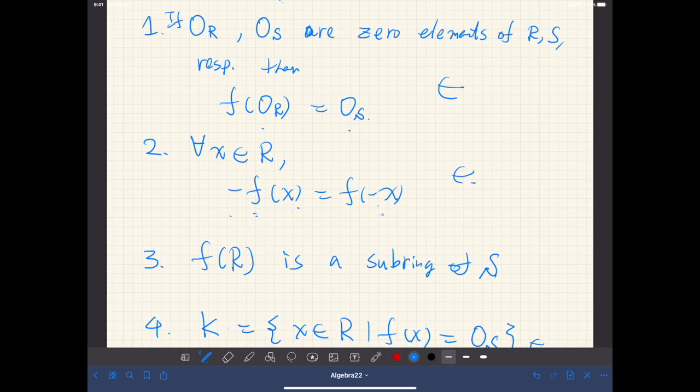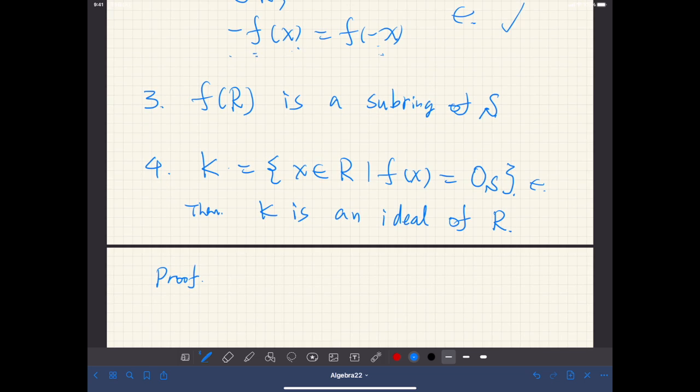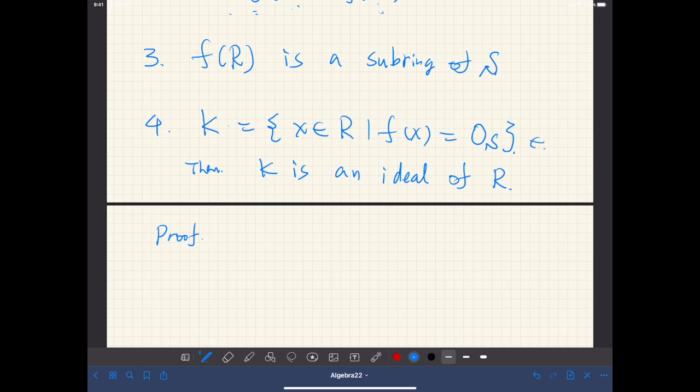Therefore this is true and this is true. So 1 and 2 are done.